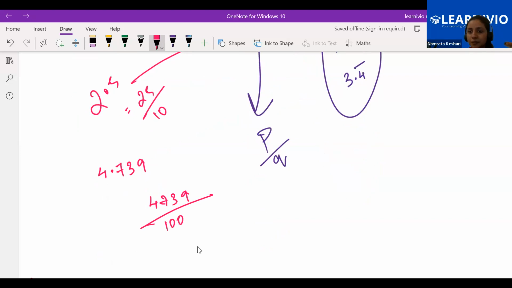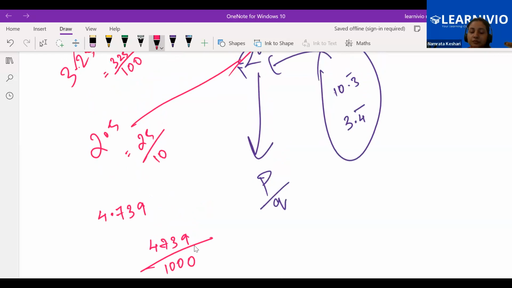Is it 100? Ma'am, it will be 1000. 1000. Okay. Decimal means 1, and after the decimal, the number of digits, that many 0s we are supposed to write. So this is how, when we have a terminating decimal, we can easily write it in p by q form.